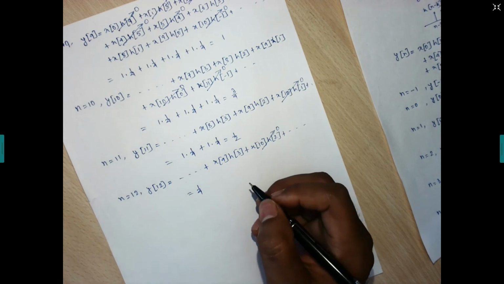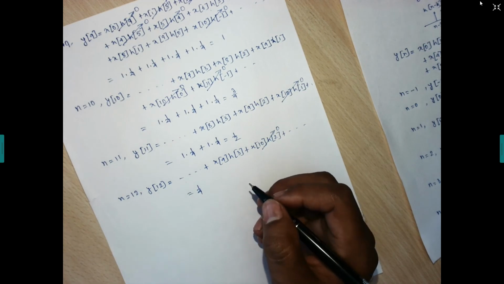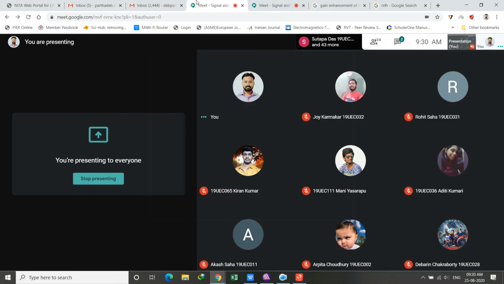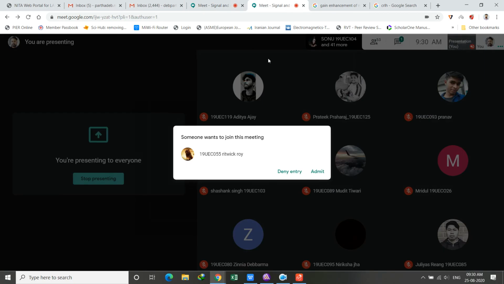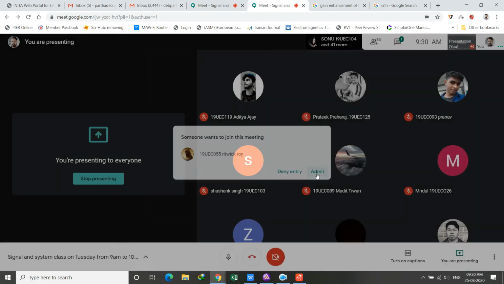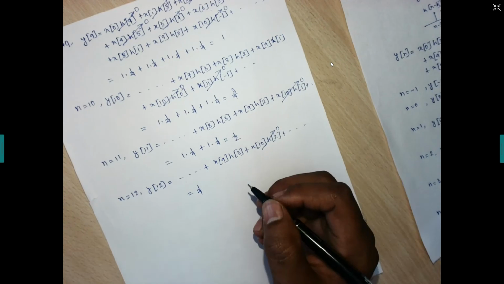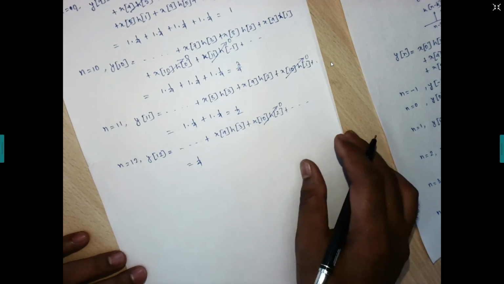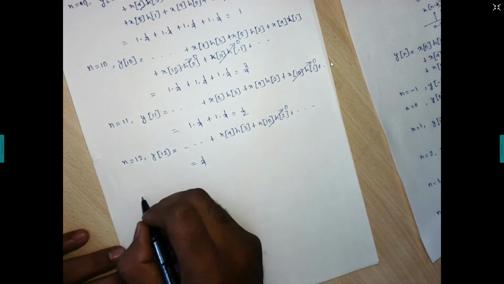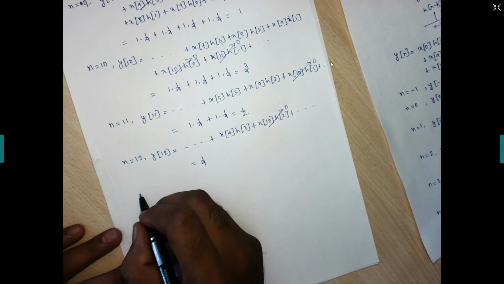So understand what are the things we are having. Total, y of n is having the samples starting from 0 and going up to n is equals to 12.